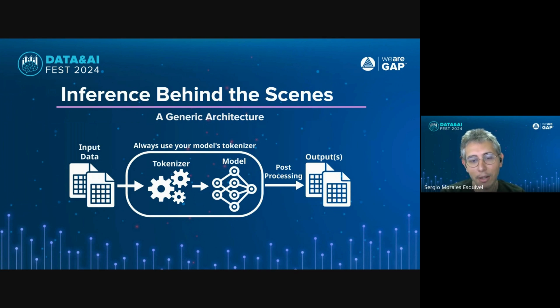We're going to have our input data, which may be a data set that we are producing outputs for as a batch, or it may be a single fragment of text and a set of labels like we saw with the previous example. What's going to happen is this input data is going to be tokenized.